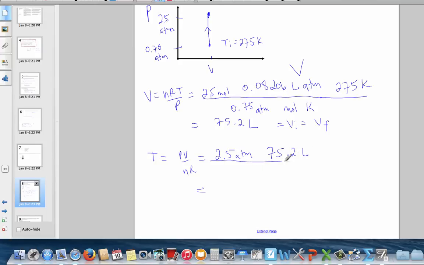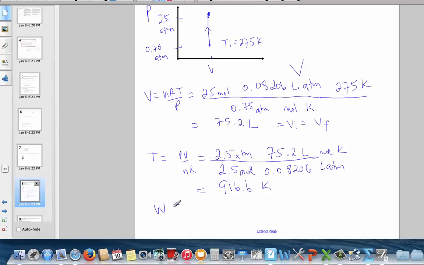We'll divide by the number of moles, which is 2.5, and then we'll use this version once again, the liter atmosphere per mole Kelvin, and so what results there is a temperature of 916.6666 Kelvin. So the gas is increasing from 275 up to 916 Kelvin as a result of this isometric change.